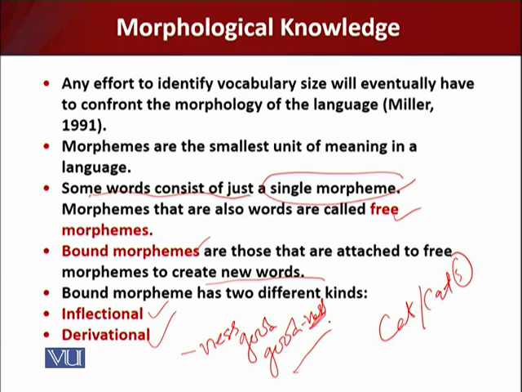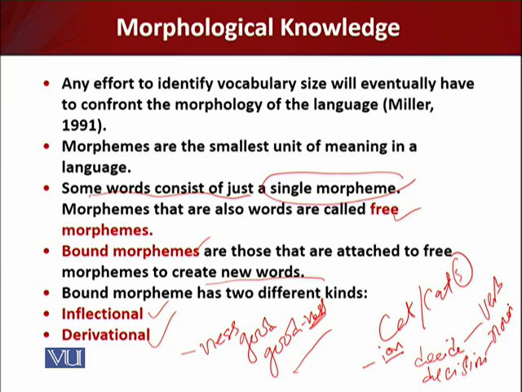other morphemes. They not only change the syntactic category, but they also change the pronunciation. For example, the derivational morpheme ion changes the word decide into decision. The word decide is a verb and decision is a noun.